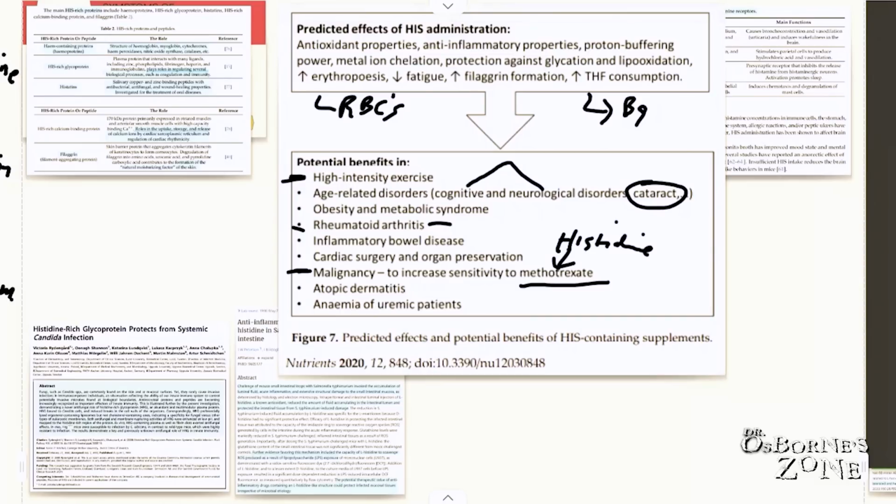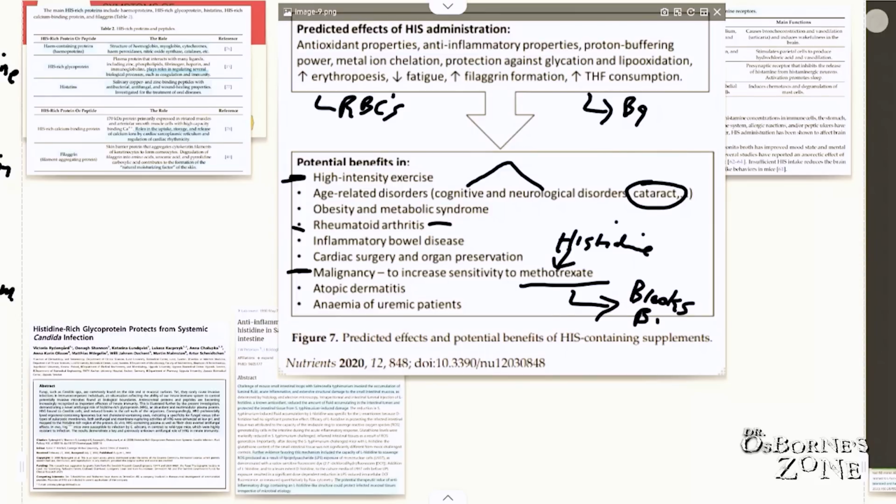We can keep in mind that methotrexate blocks vitamin B9. This is interesting, right? A lot of overlap here. It actually causes a vitamin B9 deficiency. We know histidine helps methylate B9, and methotrexate can block it, but histidine helps methotrexate work better. We know that histidine deficiency can lead to skin inflammation and then again anemia of uremic patients as well.